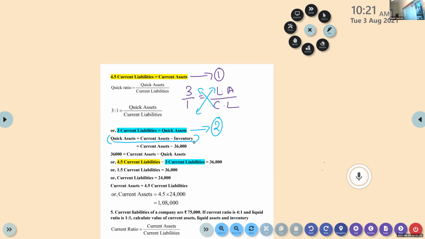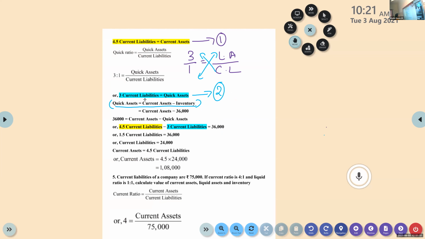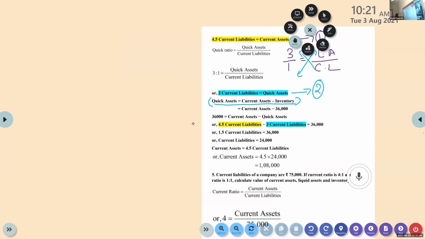Now taking 36,000 outside, that is bringing it to the left hand side, it becomes 36,000 is equal to current asset minus quick asset. Is it clear?